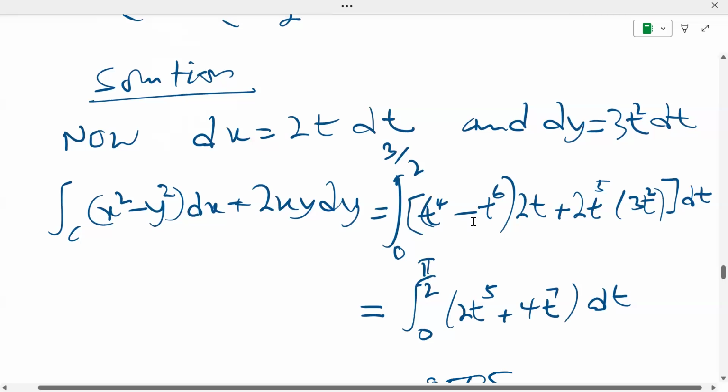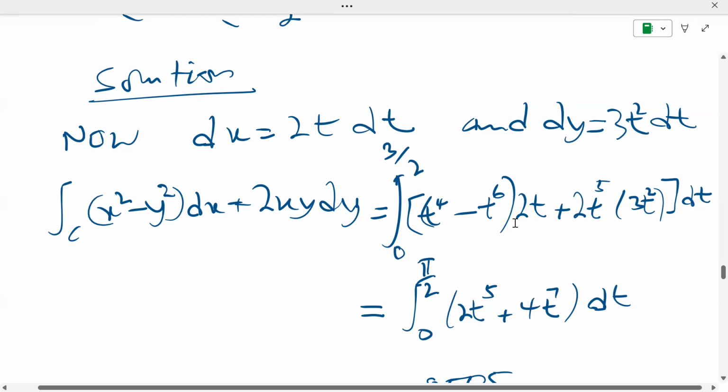So we just need to simplify what we have over here. And so we'll work on this, and then we actually expand and we move on. So this times that, we get 2t raised to the power 5, and then we move on to this, and then we also get our value.